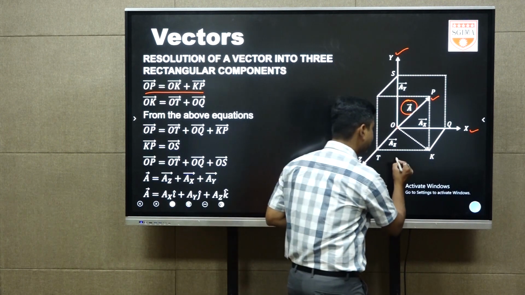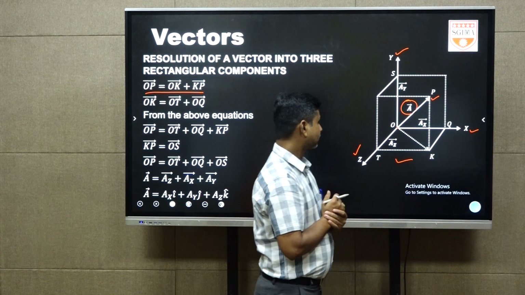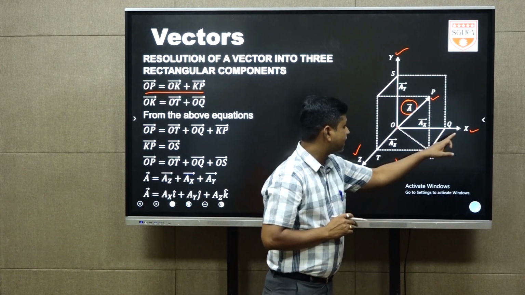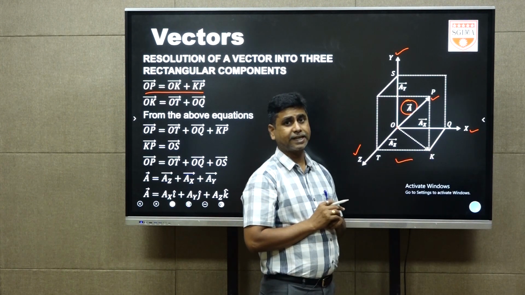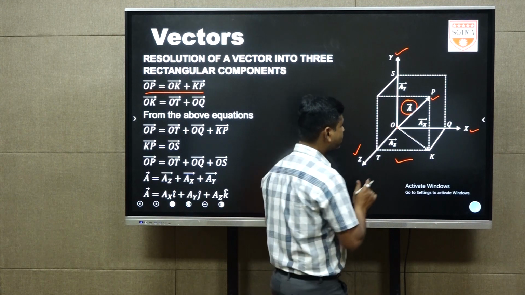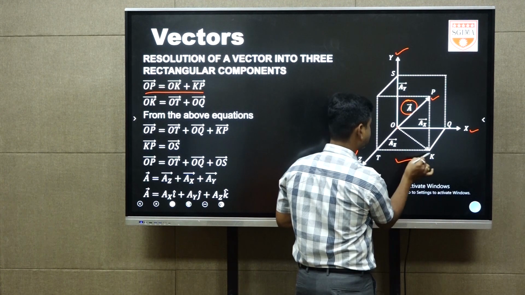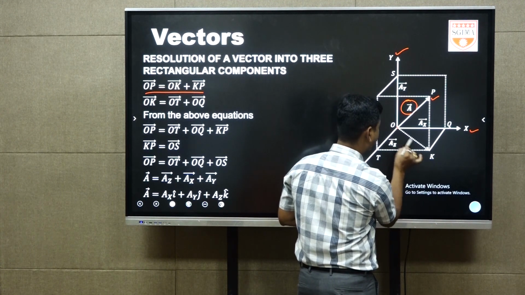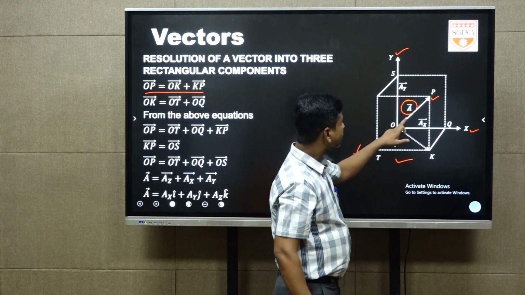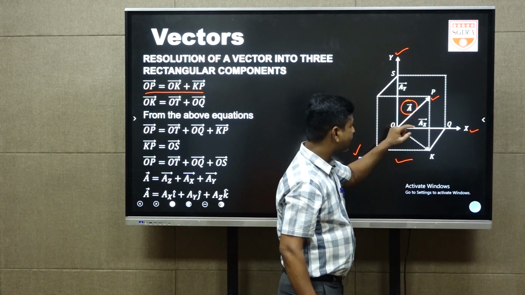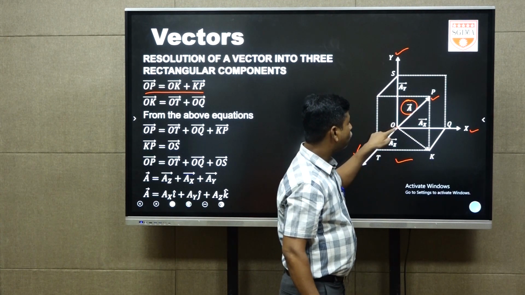Which plane will we see? This plane is called the XZ plane. In the XZ plane, this OK vector is taken. But in this diagram, you are observing OP.